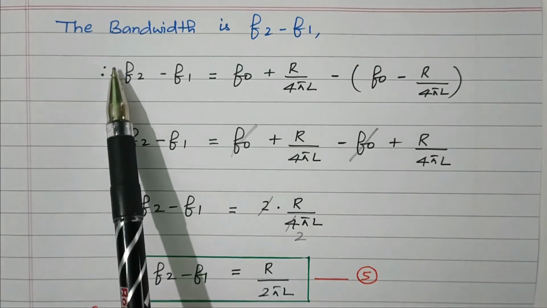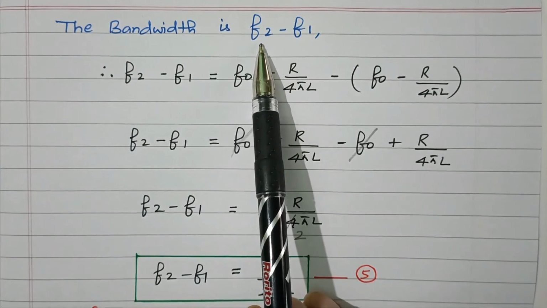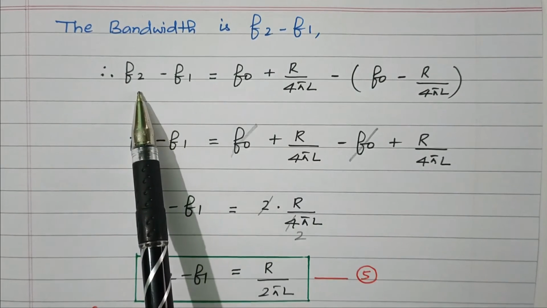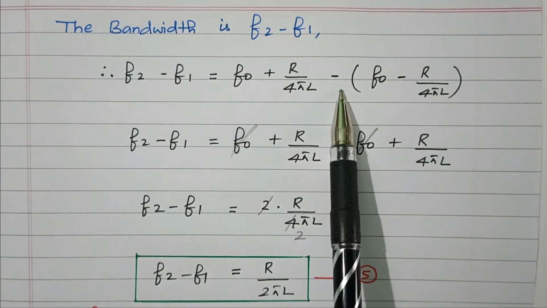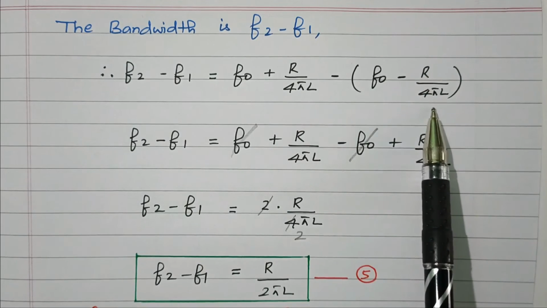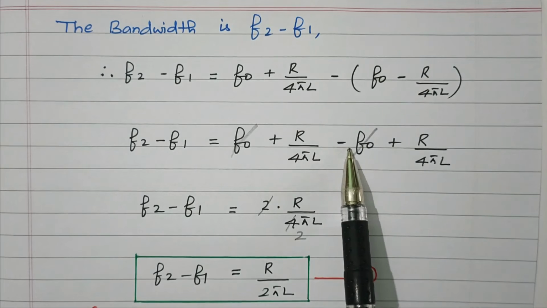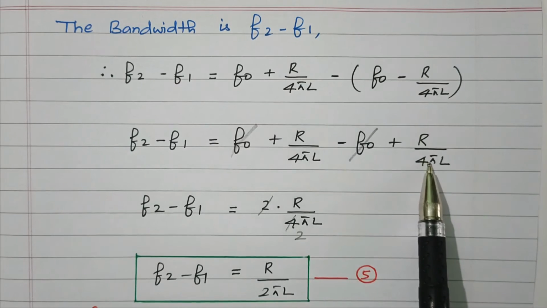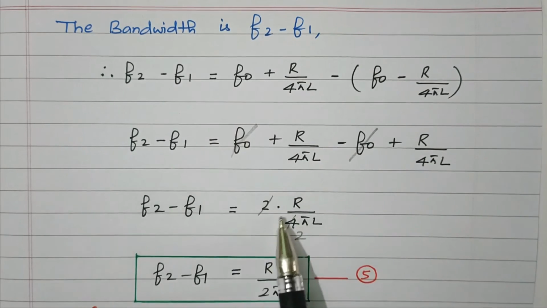Now we'll go for the next parameter. Next we will find the bandwidth. Bandwidth is f2 minus f1. We got the expression for f2 as well as f1. f2 is nothing but f0 plus R by 4 pi L, minus of f1, which is f0 minus R by 4 pi L. Now we'll multiply this negative inside: minus f0, and this minus minus becomes plus R by 4 pi L. So the f0 got cancelled.